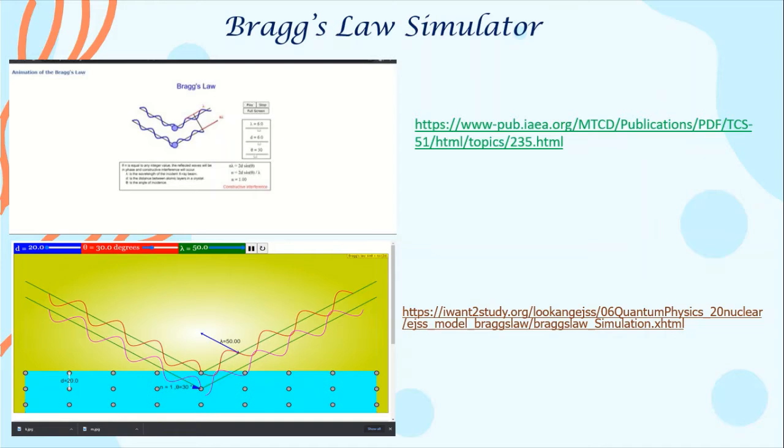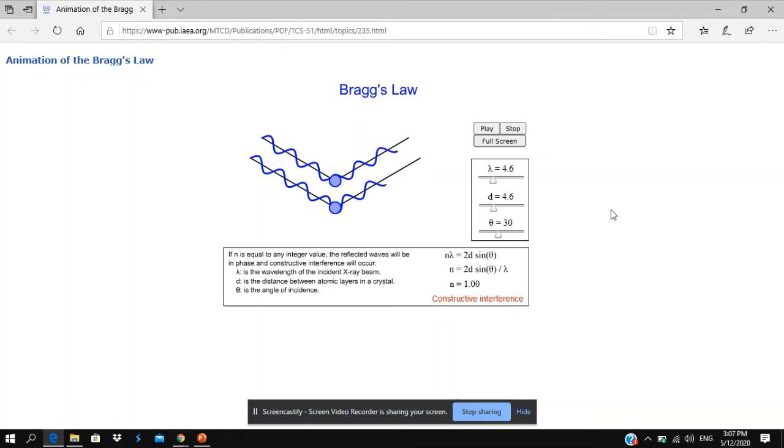So we click on the first link here. And this is how it looks. I think it's quite interesting for you guys to explore. This simulator shows two incident rays on two atomic layers of a crystal separated by the distance d.